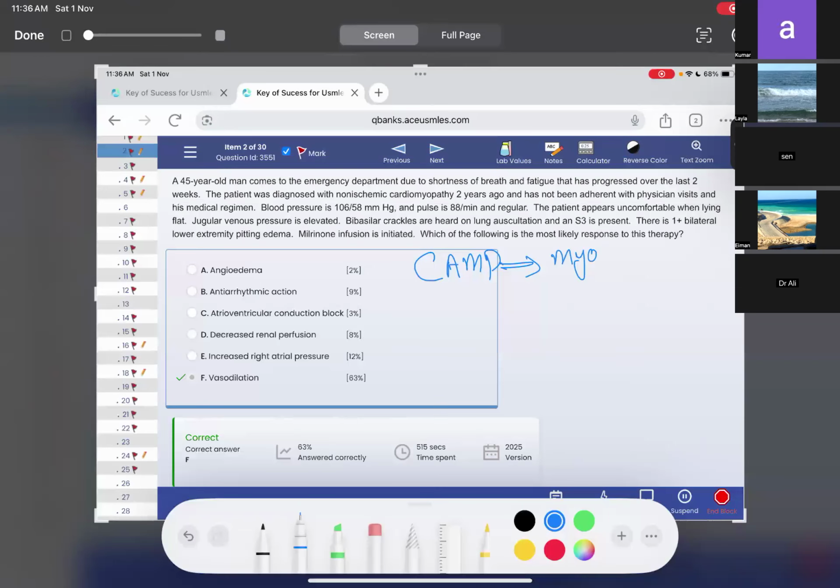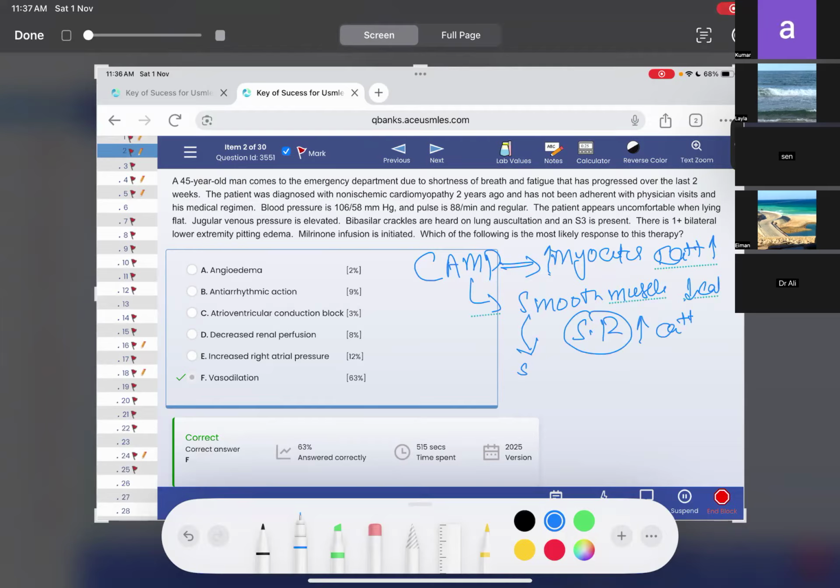In myocytes, it will trap the calcium and increase the calcium level, while in smooth muscles, it will decrease the calcium level by stimulating the sarcoplasmic reticulum and increasing uptake of calcium, so causing relaxation of the smooth muscle and increased contractility of myocytes. As a result of this, vasodilation occurs. Okay, doctor? Clear now?